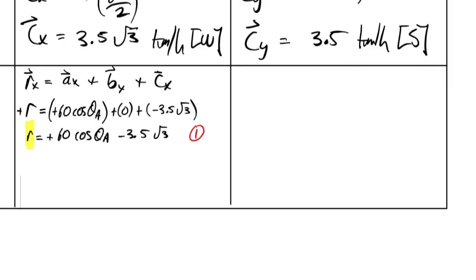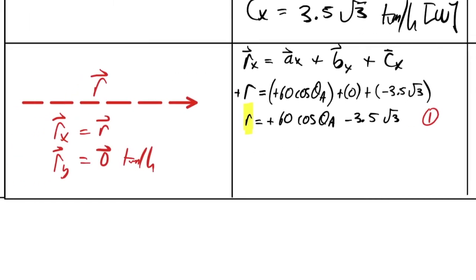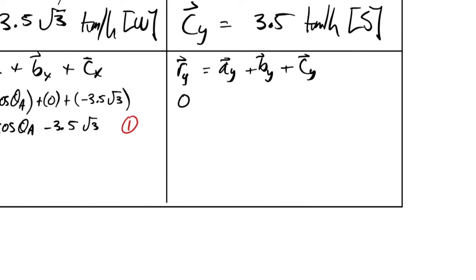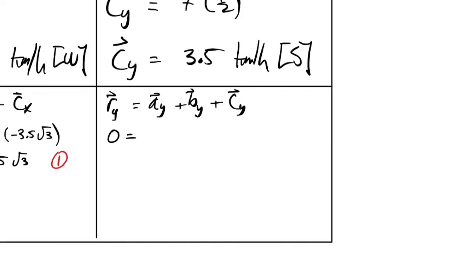So going with the y component, Ry is equal to ay plus by plus cy. Now our Ry, if you recall over here, is equal to 0. So we can replace this with 0. Now let's focus on what's happening with ay. Well, ay is equal to 60 sine theta A and south, which makes it negative.